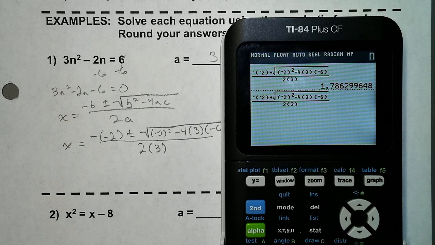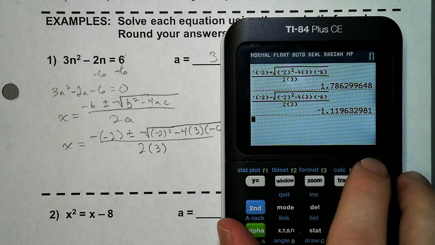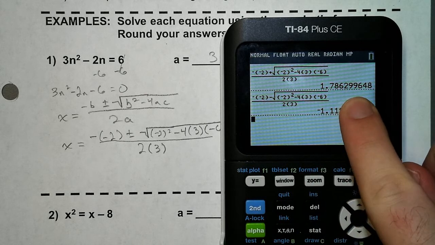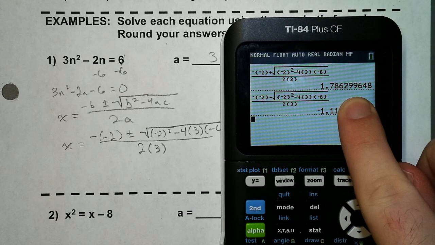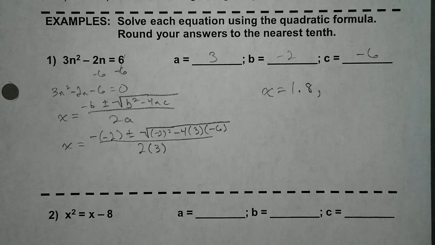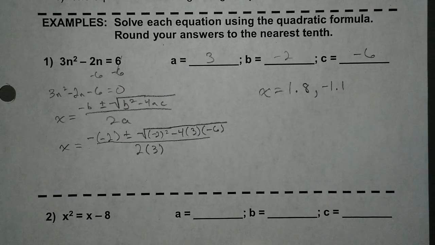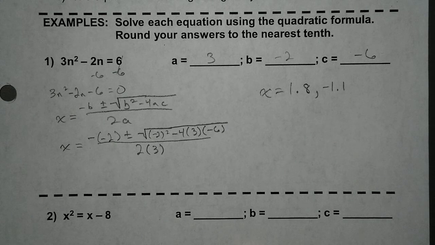All you have to do is put minus, and it will erase the plus and put a minus over it, and then push enter. And our other one is negative 1.11 blah, blah, blah. So look at the 1. That 1 means the other one stays the same. So it's going to be negative 1.1. Those are my two solutions.